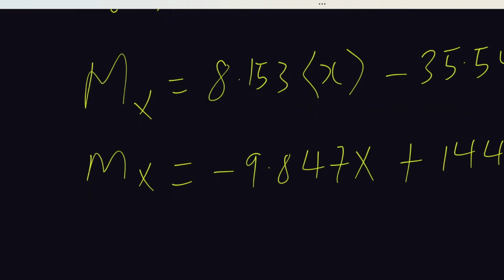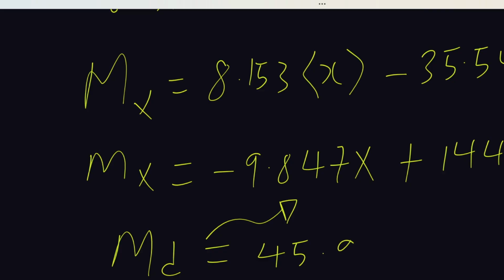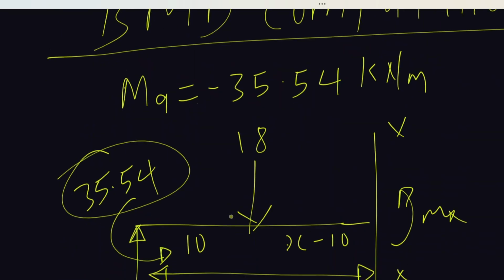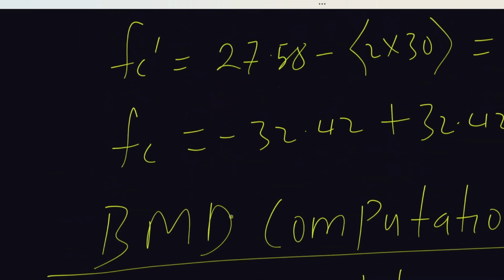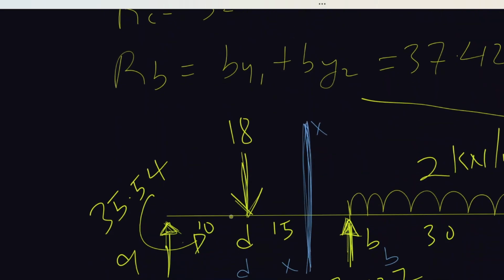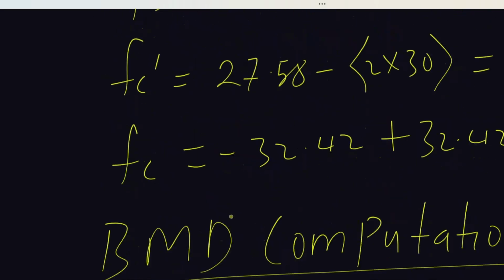Now placing MD is when it is at 10 meters. When you place 10 meters in x, you'll be having 45.99 kilonewton meters. When you place for MB, what is the distance from A to B? For MB, x must be 25.